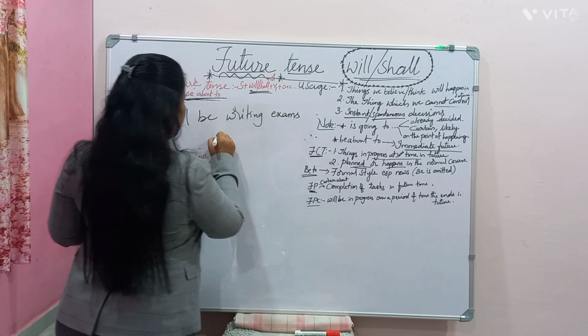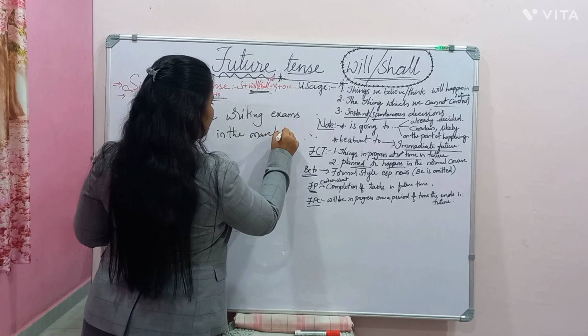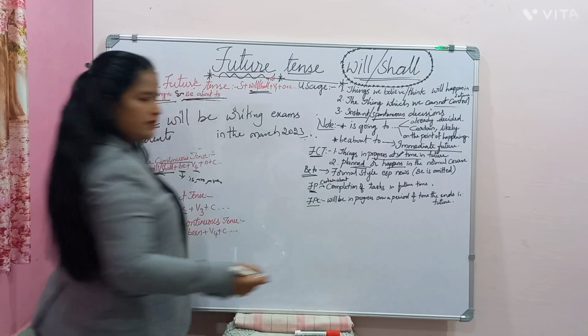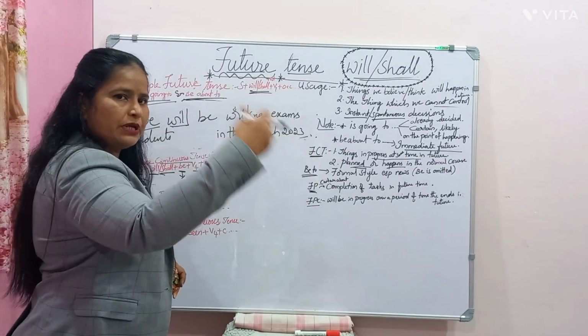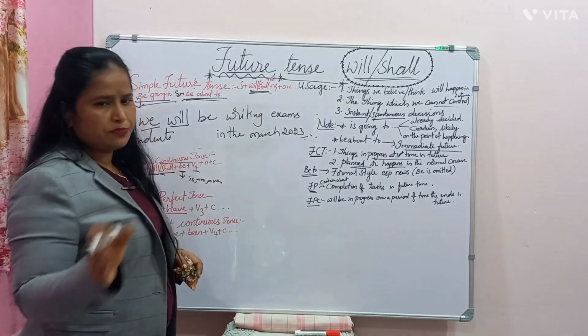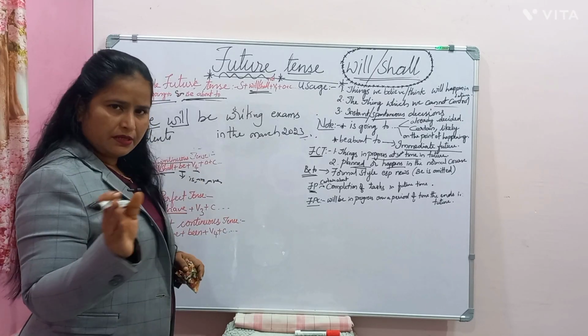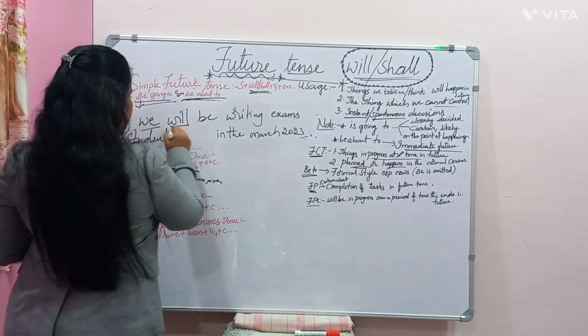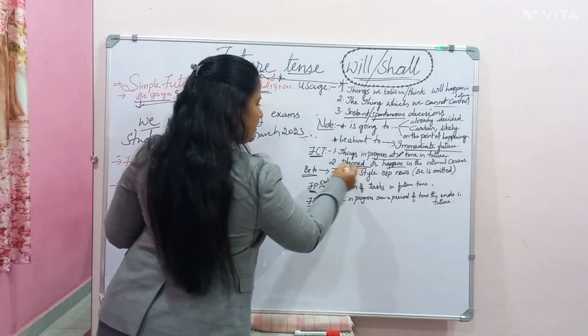In March 2023, right? So it's at some time in the future, but at the end of March, generally the intermediate students, graduation students, and even the SSC students, they will be writing. This is certain thing which is already planned.